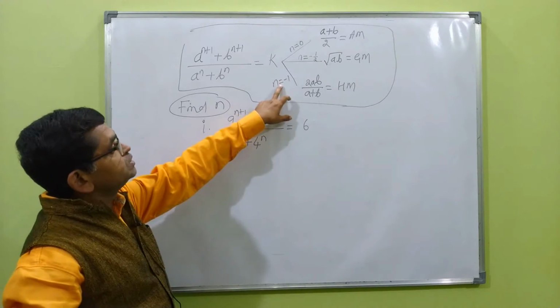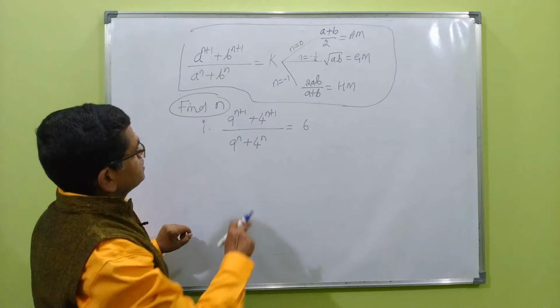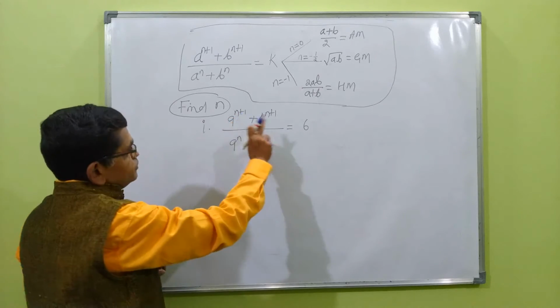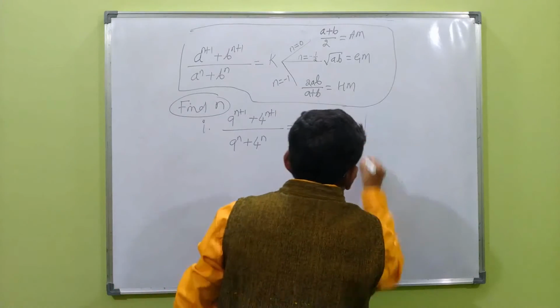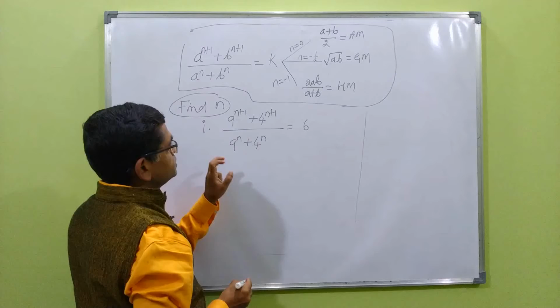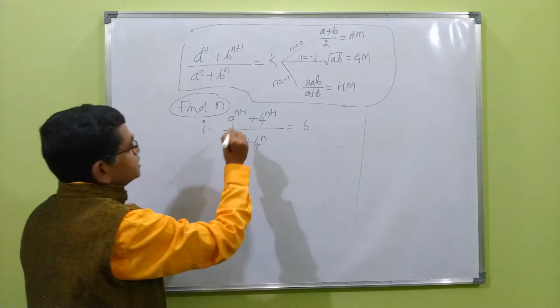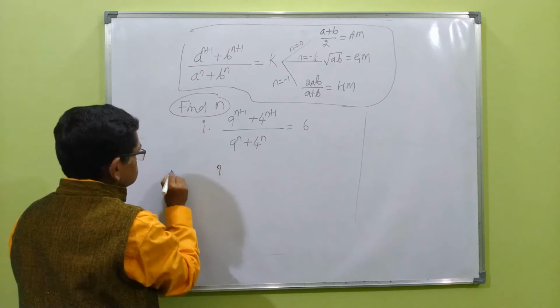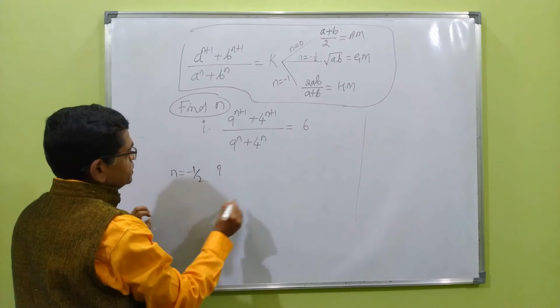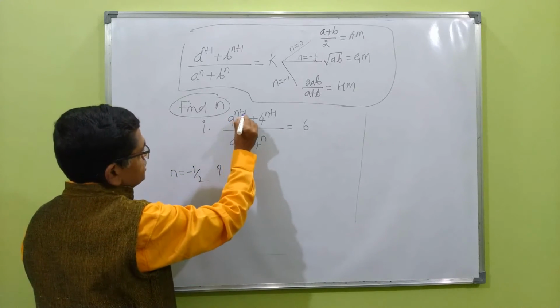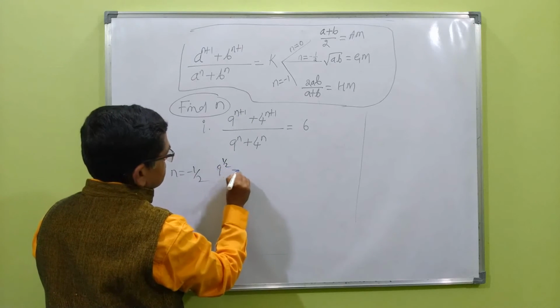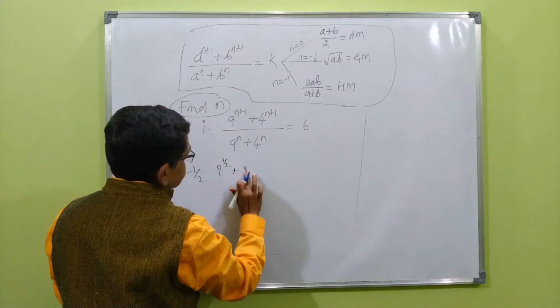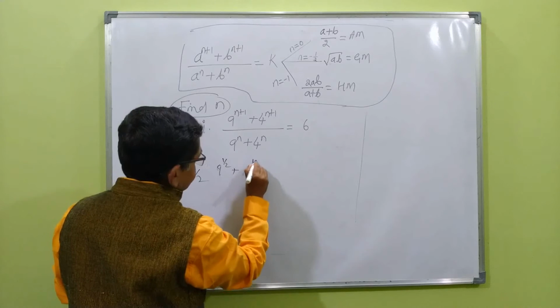So if you put n is equal to minus half, 9 raised to n is equal to minus half. See, this is minus half plus 1 is plus half. 4 raised to half again.